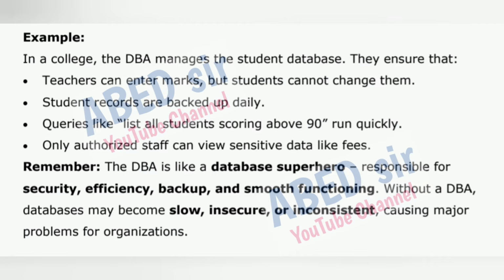Only authorized staff can view sensitive data like fees. Remember, the DBA is like a database superhero responsible for security, efficiency, backup, and smooth functioning. Without a DBA, databases may become slow, insecure, or inconsistent, causing major problems for organizations.